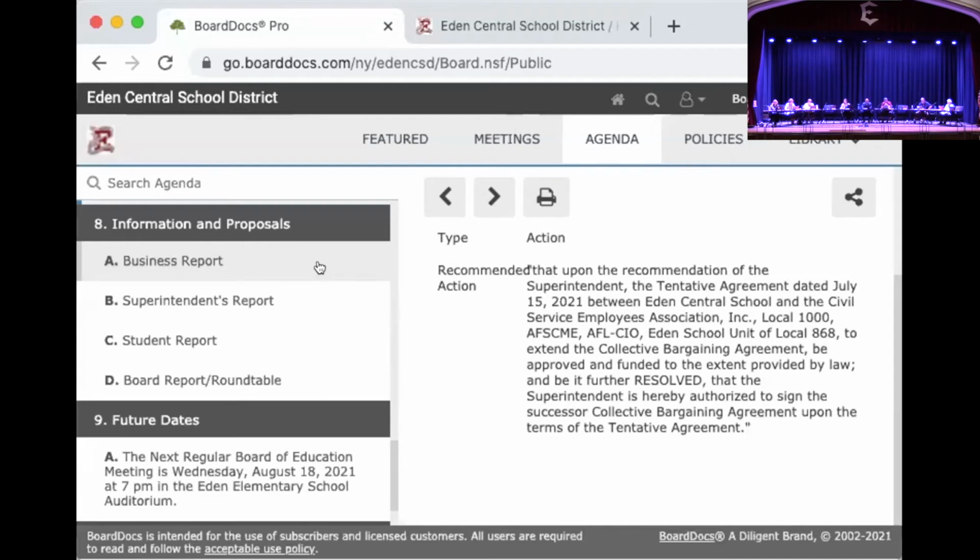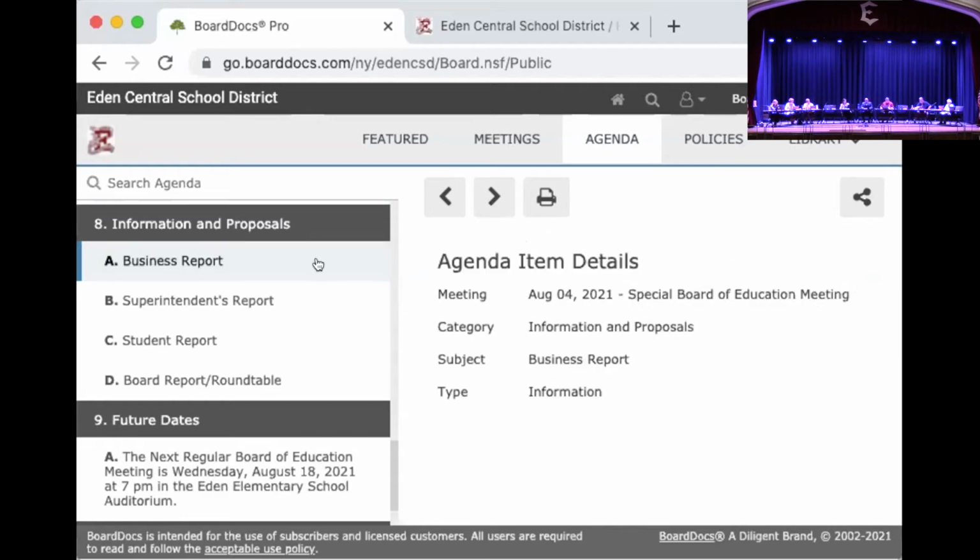And be it further resolved that the superintendent is hereby authorized to sign the successor collective bargaining agreement upon the terms of the tentative agreement. Second. Any discussion? All in favor? Aye. Any opposed? Any abstained? Motion carried.